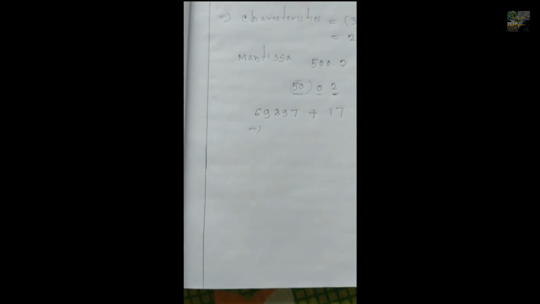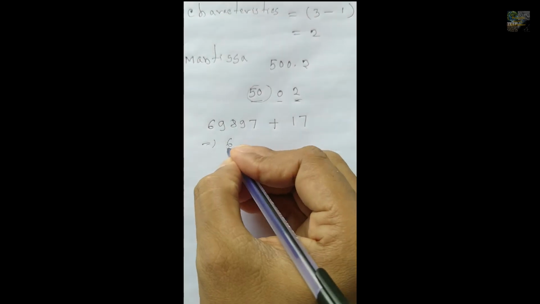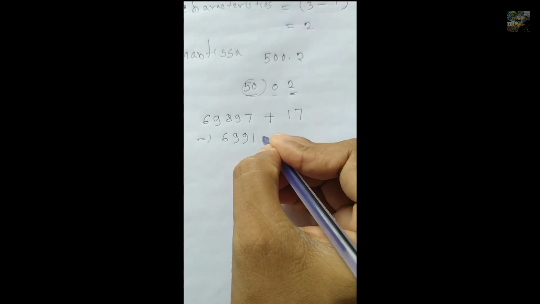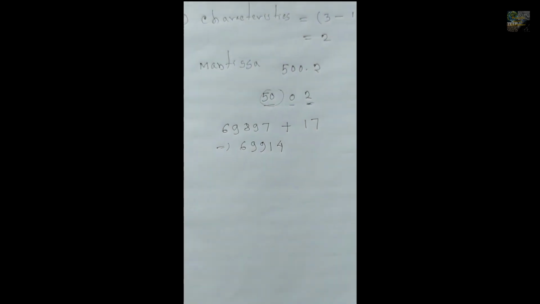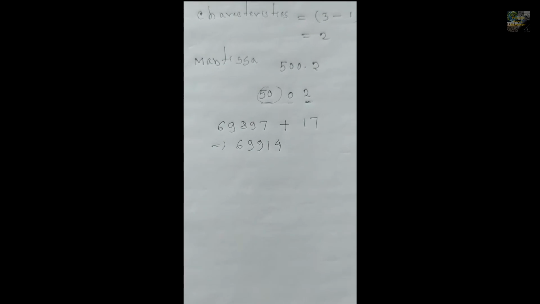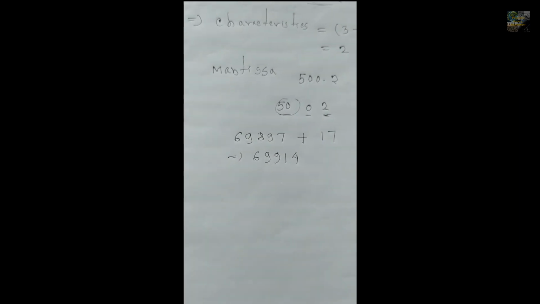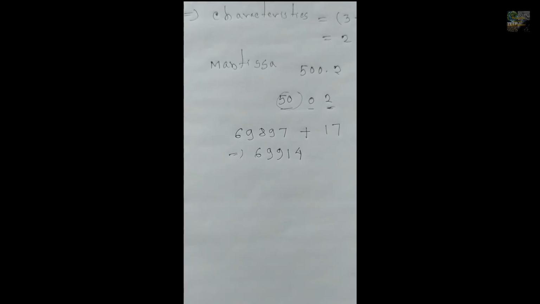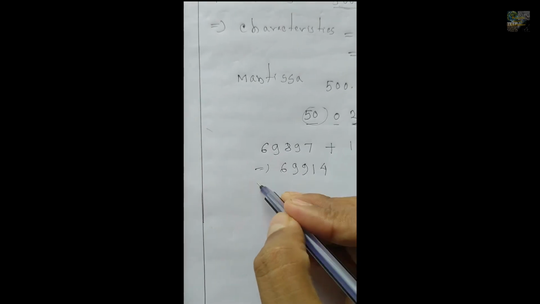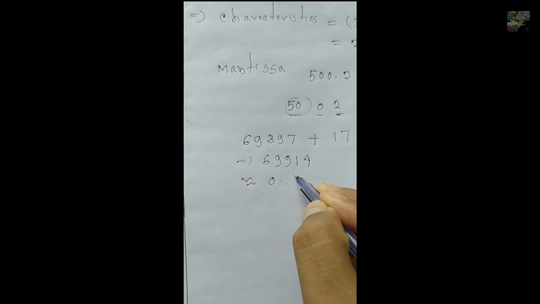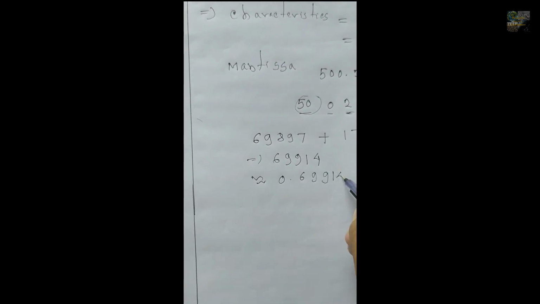Then I am going to add these two values to find the final mantissa, and this is 69914. And you know that the mantissa is always below 1. The maximum value of the mantissa must be below 1. So I can write here 0.69914. This is the mantissa.